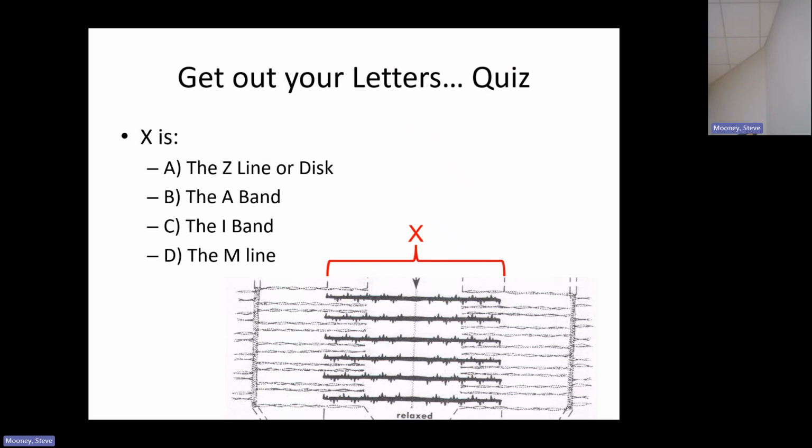So we're looking from one end of the thick filament to the other. That is our A band, our B answer. So that means this, starting here at the end, going over to the next end of a thick filament is called what?